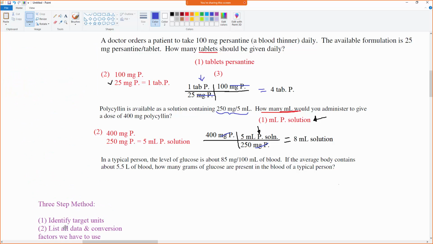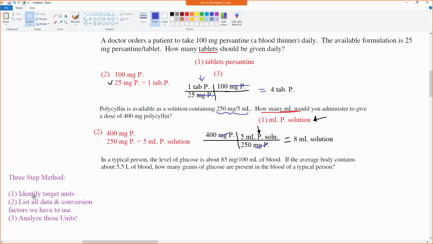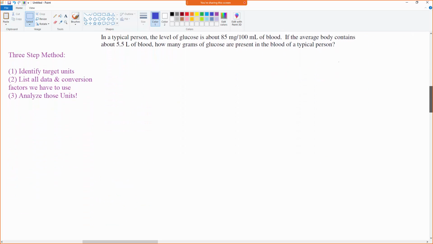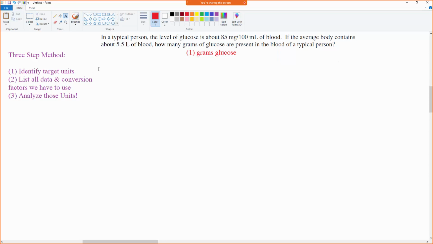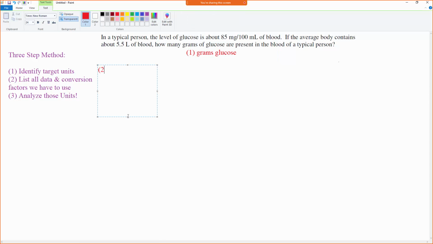Step 1, identify the target units. And again, if you're feeling confident, get started early. See if you can do it faster than the rest of us. But what are my target units? Grams of glucose. Okay, excellent. Step 2, what have they given us?